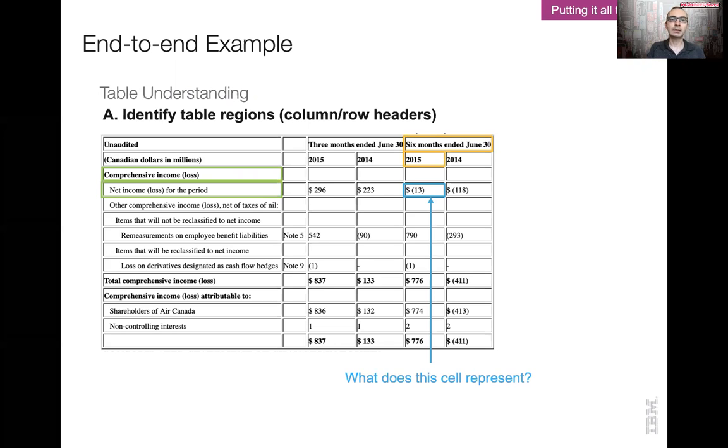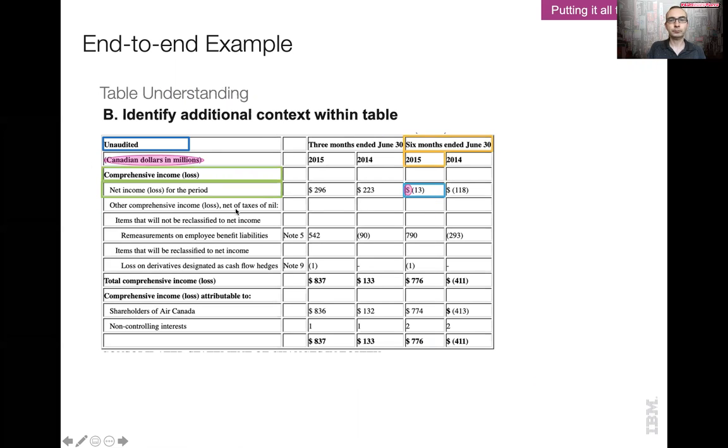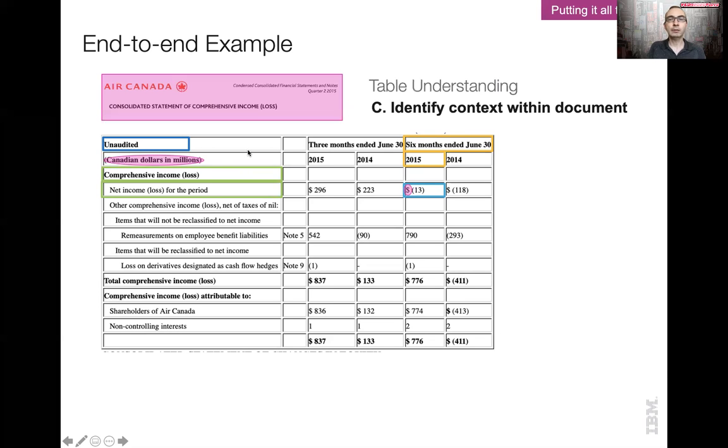As we have discussed in the table understanding part, this semantic information can be derived from multiple places. So it includes information that can come from table regions, such as column headers and row headers. Information that may appear in other places within the table, such as currencies, scales, etc. Information that may appear within the broader document, such as table and document title.